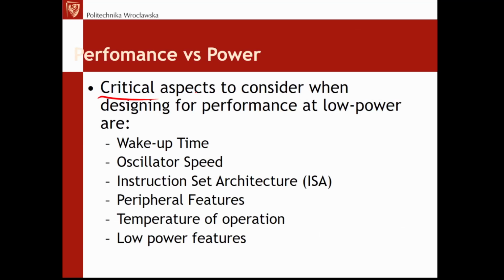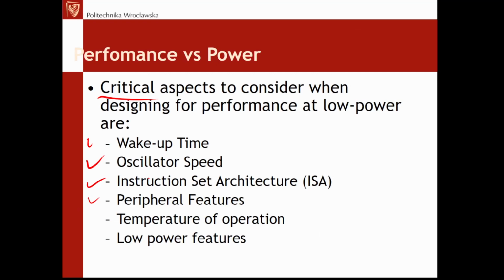I mentioned them as critical aspects, but in case of low power design, everything is actually critical. If we get down to nanoamps or microwatts, then really everything gets critical. So for example, I would like to show you the influence on low power performance of the wake up time of a microcontroller, the oscillator speed choice, the choice of instruction set architecture, even the peripherals.